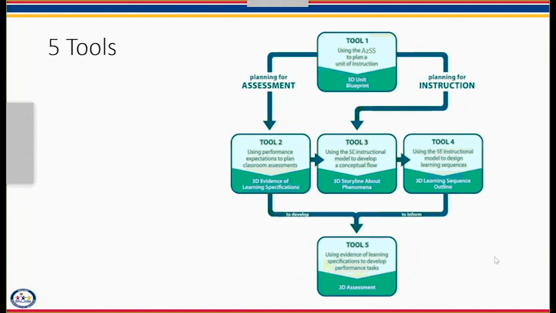Once you have those written, then Tool 3 is using the 5E instructional model to develop a conceptual flow. So you're going to choose your phenomena and create a storyline for your unit. Tool 4 is going to be, again, using the 5E instructional model to develop learning sequences and picking those resources that you'll be using in your unit. And lastly, Tool 5 is creating your unit assessment with those evidence of learning specifications in mind and the resources and the way that you taught the lesson in mind. So Tool 5 is at the end.